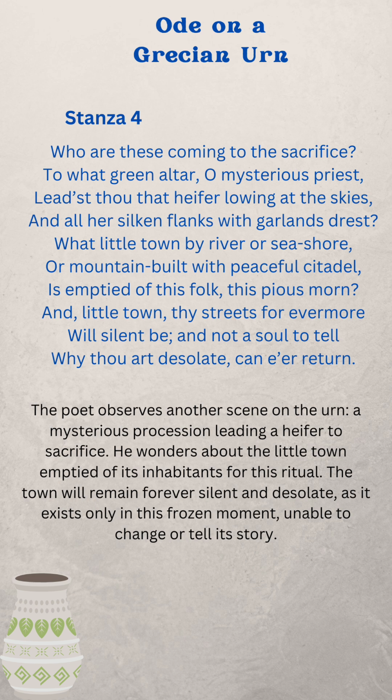So he is thinking about the little town emptied by its citizens, because all of the citizens in that village are attending this ceremonial procession. And so the town will not be crowded anymore, and the citizens will not return to their village or to that little town.